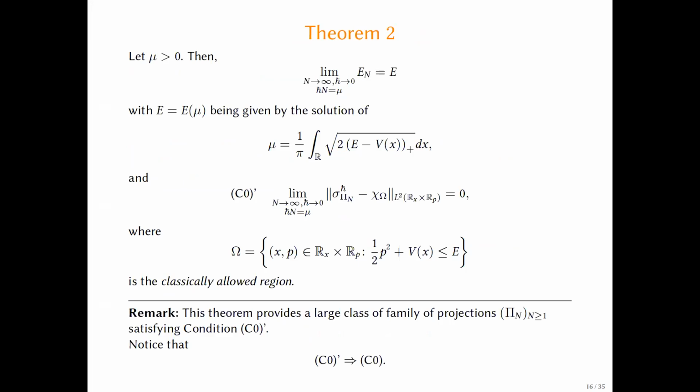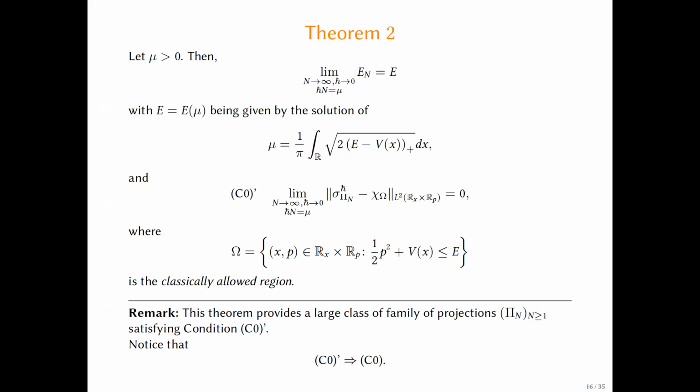So we can state theorem 2, about the limit of this Weyl symbol of the projection. If mu is positive, then, by law, I mean the sequence of eigenvalues converging in the limit n to infinity and h bar to 0 with h bar times n equal to mu, to a certain value E that depends on mu and is the solution of this equation. Okay, so this is the classically allowed region at the level E. Under this condition, condition C0 prime holds, namely the sequence of the Weyl symbols of the projection converges exactly to the characteristic function of this classically allowed region.